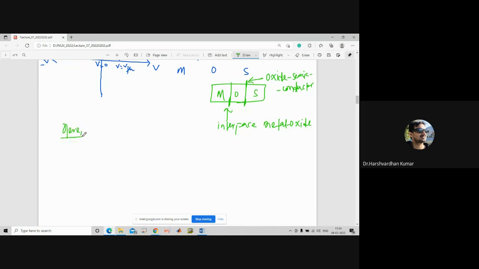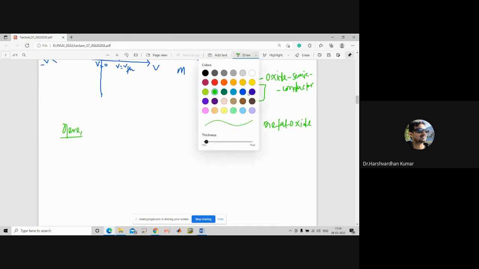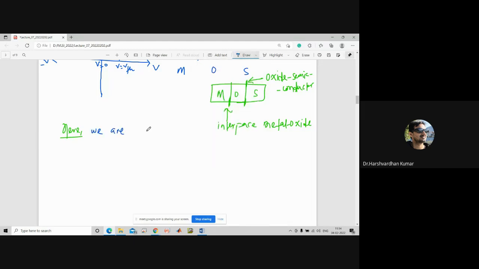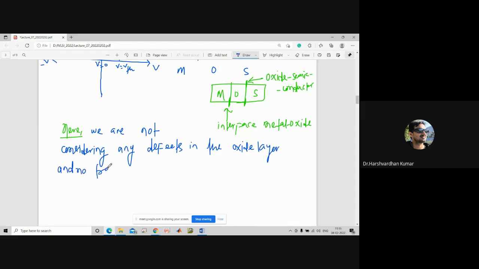So here we are not considering any defects in the oxide layer, and no trap or defects in the semiconductor.